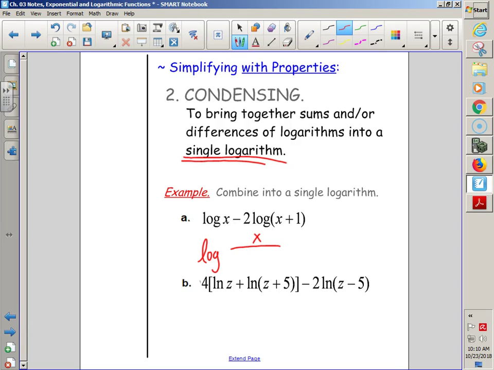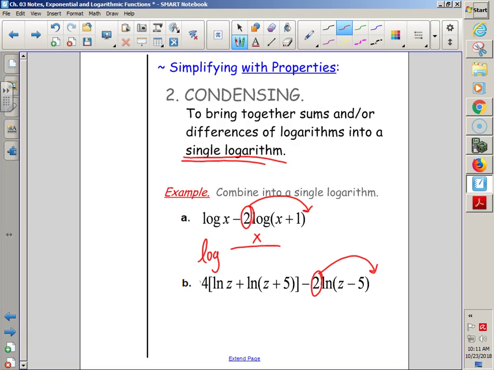X plus 1 squared. What should you do before addition or subtraction every time, like PEMDAS says? Multiplication or exponent. Either way, it comes first. When you have a multiplication of a number, a coefficient of a logarithm, every coefficient of a logarithm needs to go up as a power before we ever get to the quotient or product.